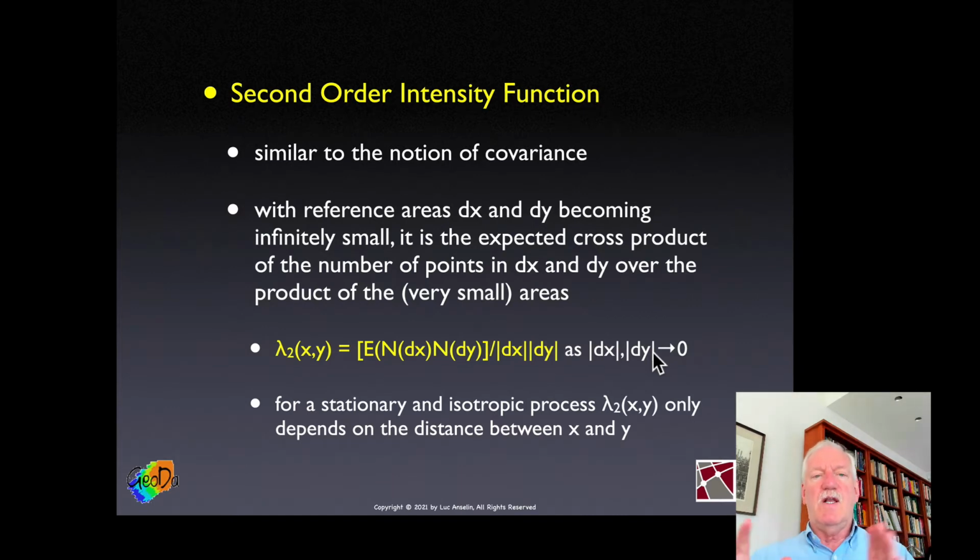I know this is a little abstract, and the way I like to translate it, if you wish, is to think about how many points you could find in a given area around another point.